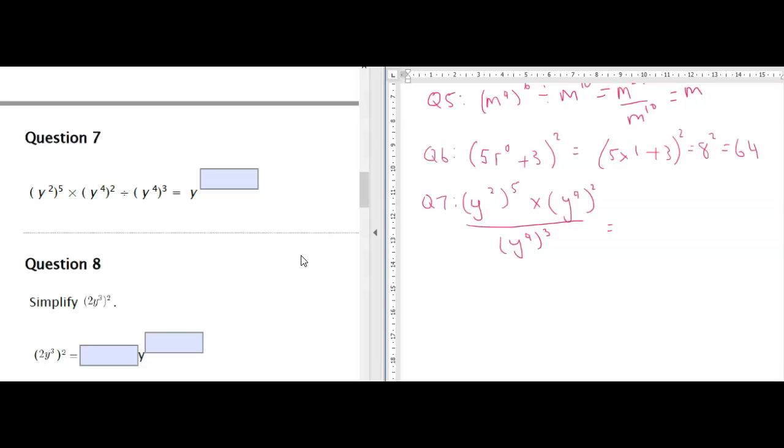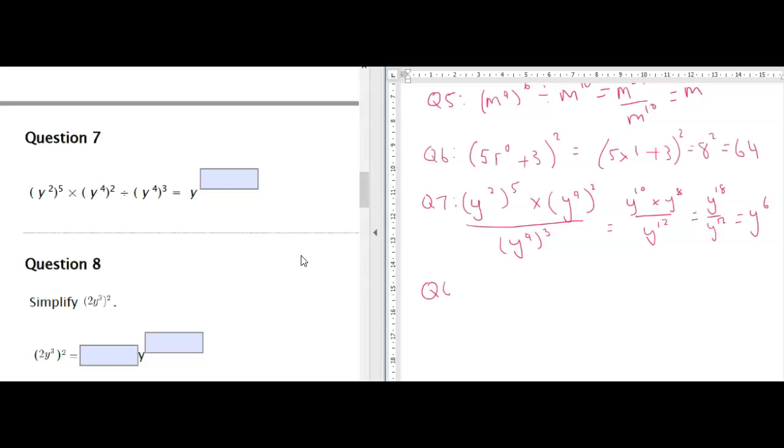All right, so on the top, remember you multiply your powers, so y to the power of 10 times y to the power of 8. And then on the bottom, we've got y to the power of 12. When you're multiplying, you add your powers, so we're going to have y to the power of 18 over y to the power of 12, and then when you're dividing, you subtract your powers, so we're going to end up with y to the power of 6.